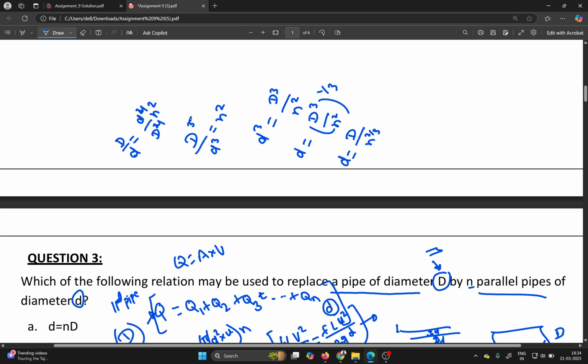Means 5 to the power. Now it will be correct. Everywhere 5. 5 will be cancelled out, and 2 by 5 means d is equal to capital D by N to the power 0.4. So option D will be correct here.